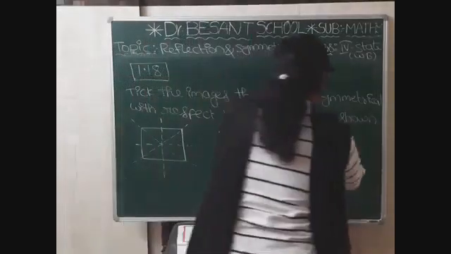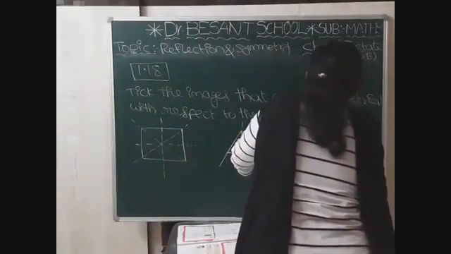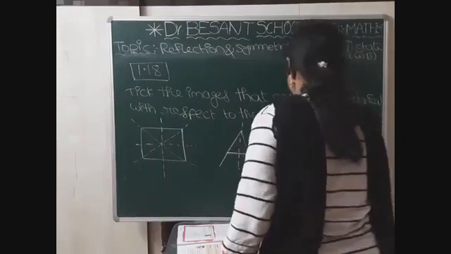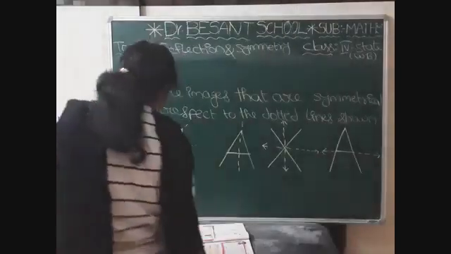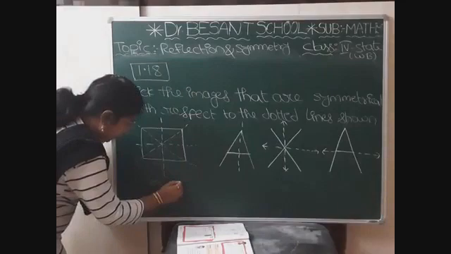Next one, A. Again, A is given for you. Horizontal line of symmetry is given here. Next one, this shape is given for you.